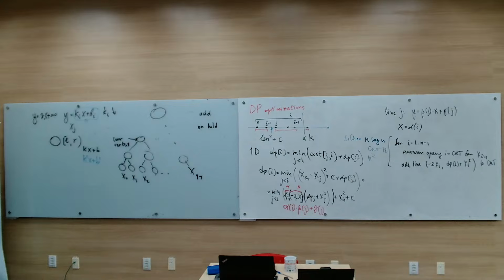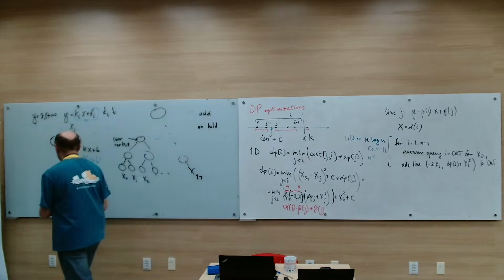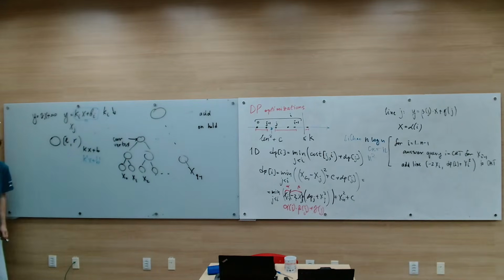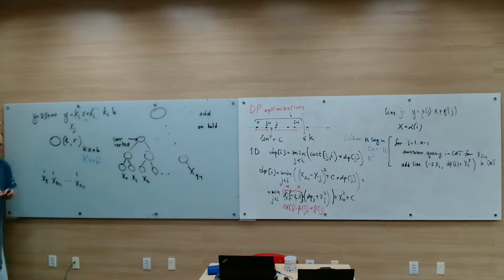Let's see. Let's draw the picture. So we have these points xl, xl plus 1, and so on, up to xr minus 1. There is also the middle of this.